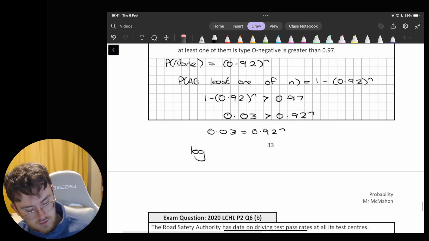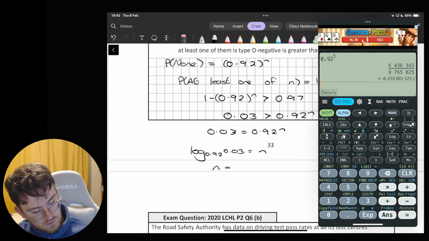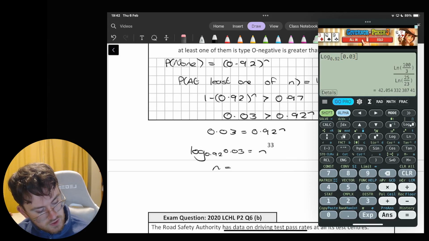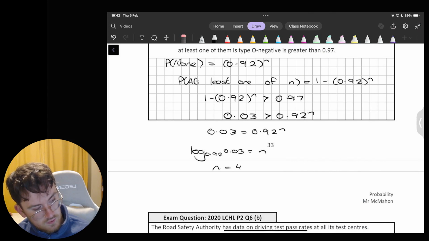So writing it in log form, log base 0.92 of 0.03 equals n. That gives me an n value of log base 0.92 of 0.03, which is 42.054.